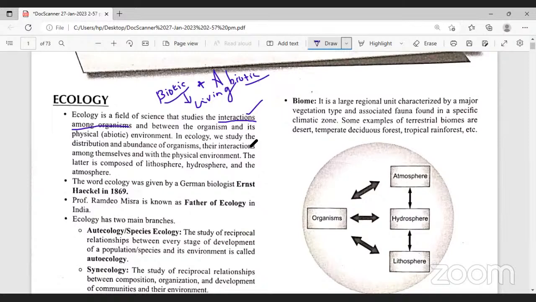In ecology, we study the distribution and abundance of organisms. Normally in ecological science, there are so many animals, plants and organisms distributed abundantly, and we study their interactions among themselves and with the physical environment. Suppose soil contains numerous microorganisms, isn't it?